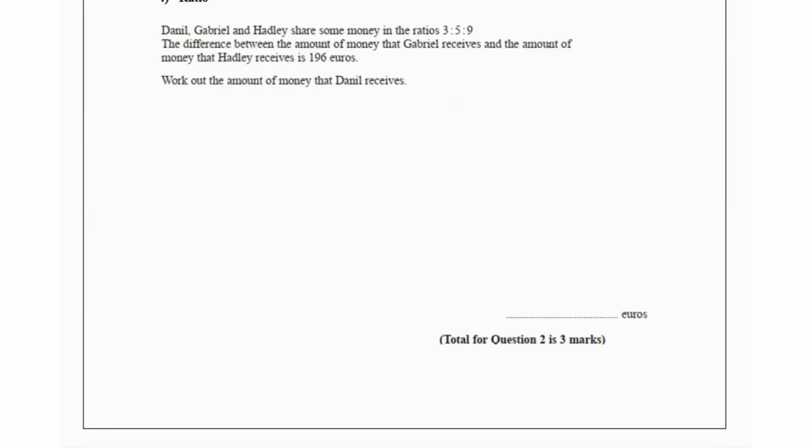So if Gabrielle is 5x, Daniel is 3x, and Hadley is 9x. Difference between the amount of money that Gabrielle receives and the amount of money Hadley receives. So 9x minus 5x equals to 196.